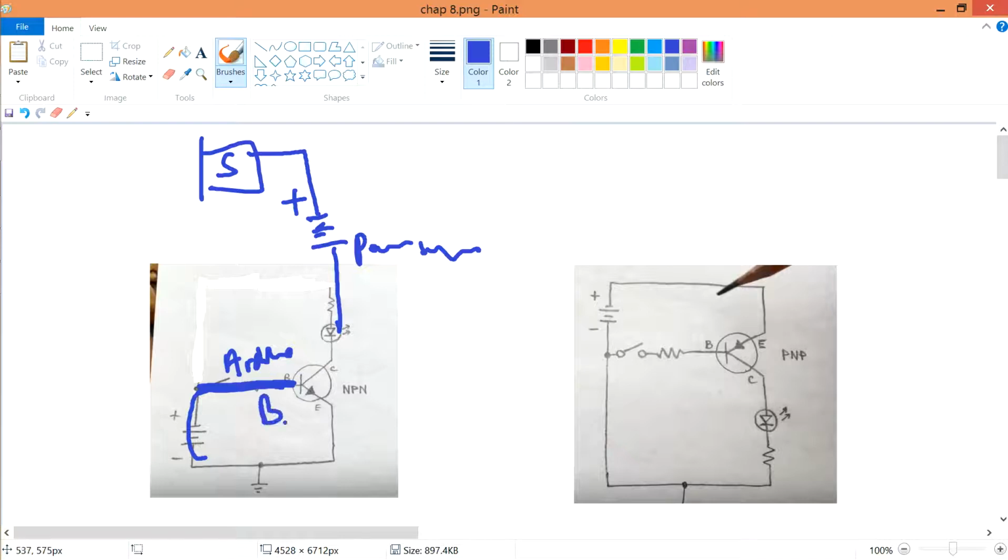We call this the base current. Normally I actually call this the base voltage, 0.7 volts. So in order to allow the supply to flow through, or to open the gate so that your voltage can flow through, you require 0.7 volts.